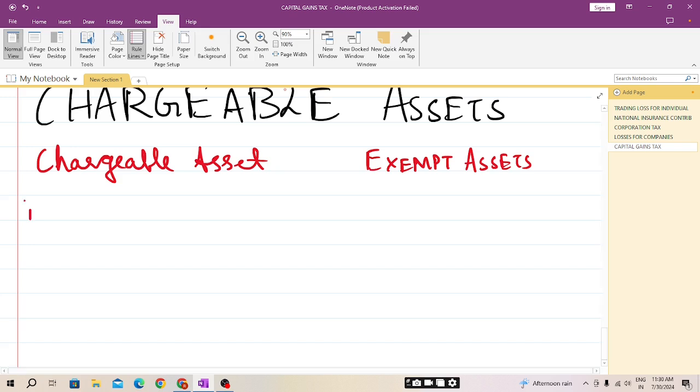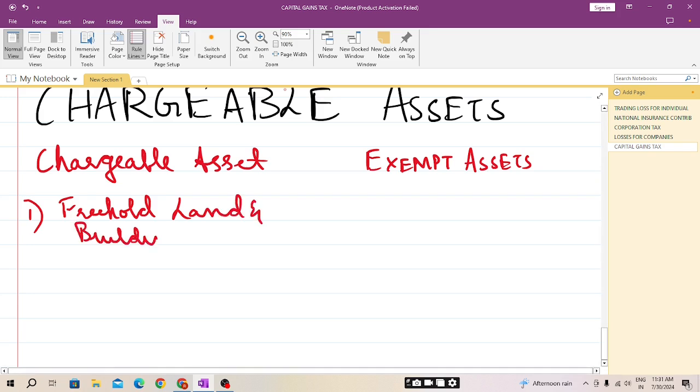So chargeable assets will include, students, freehold land and buildings. The second one is goodwill. Goodwill is also a chargeable asset. Then quoted shares, the shares of listed companies.